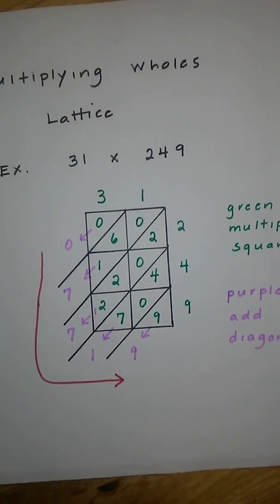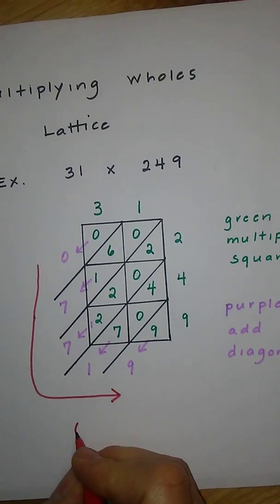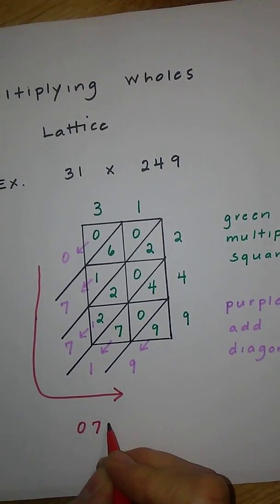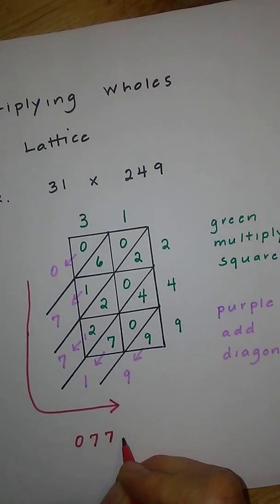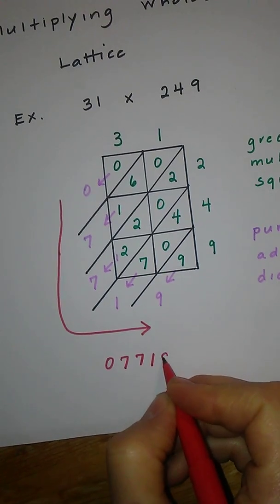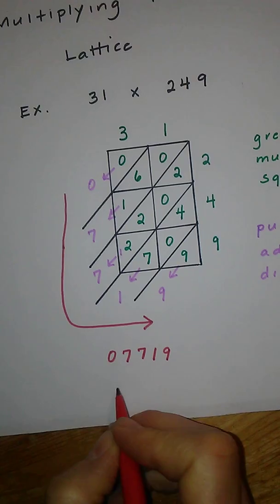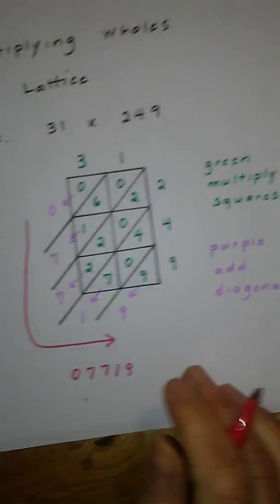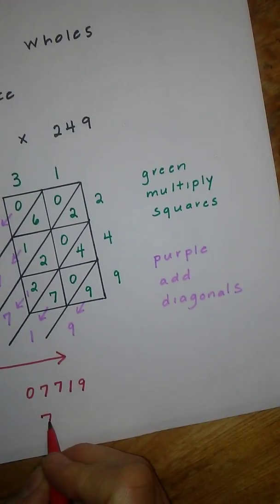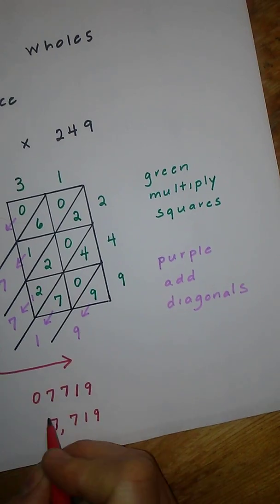So the first purple digit is 0, then 7, another 7, 1, and 9. We don't write our numbers with leading 0, so I'll take one more second to write this as 7,719.